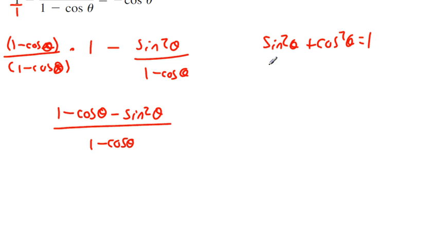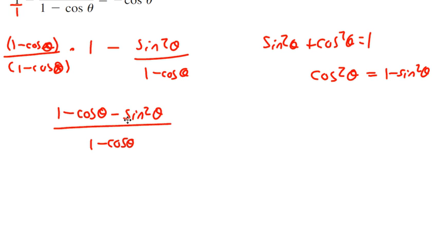Okay, so we know that this is our Pythagorean identity. Now if I subtract sine squared from both sides, notice here, 1 minus sine squared of theta is cosine squared theta.